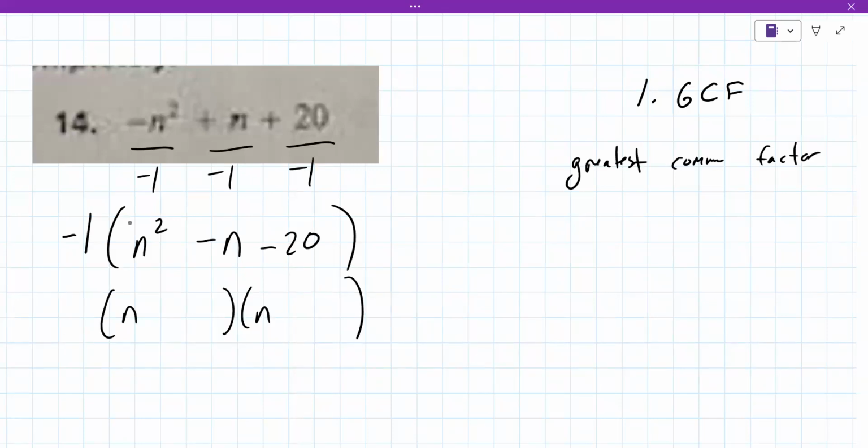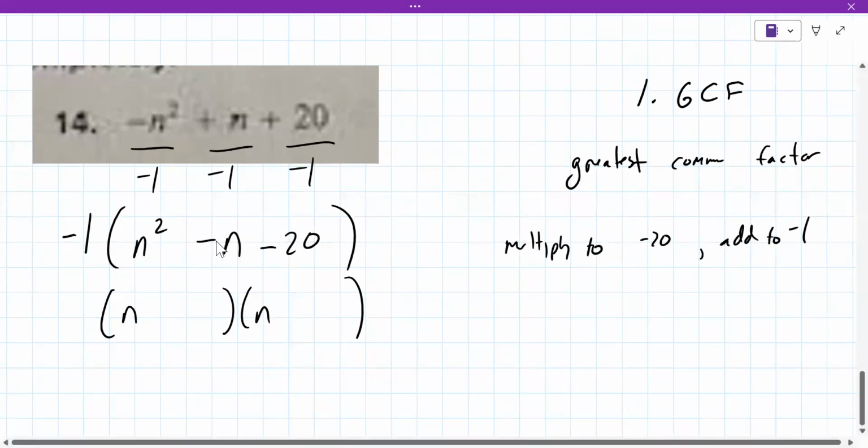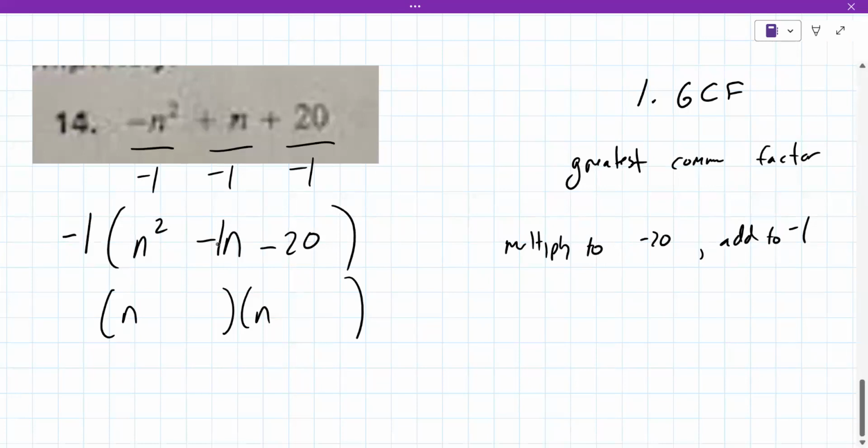This time though, you've got some issues with signs. You're trying to find two numbers that multiply to -20, which is important, but then they add to -1, because of this -1 in front of the n there. Okay, so this is where it's a little bit harder.